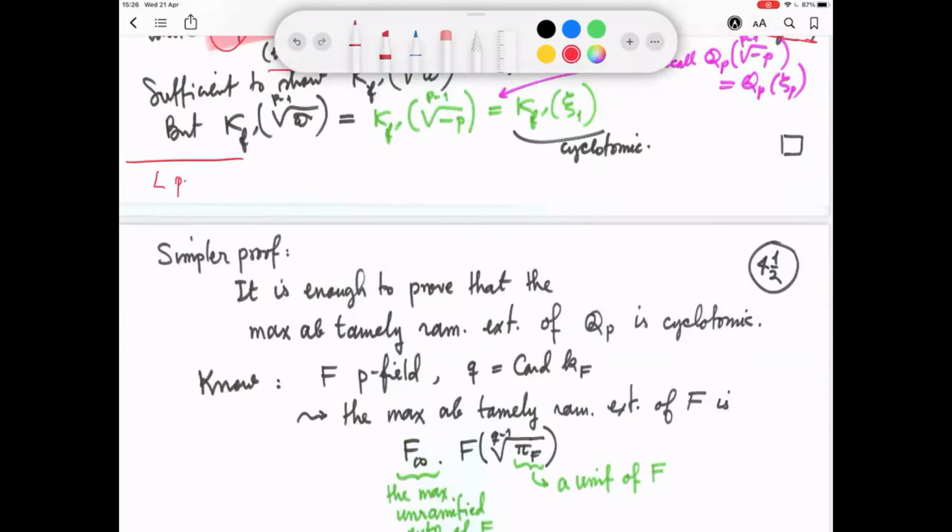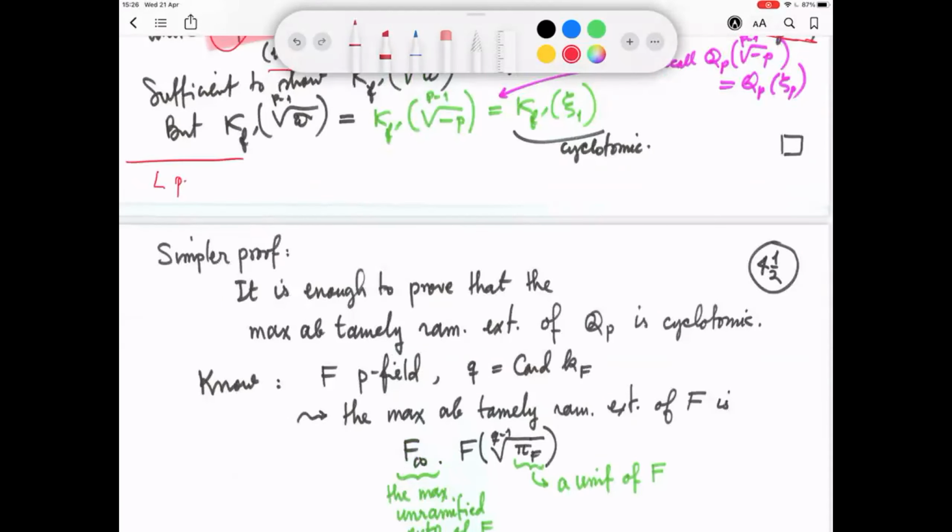But adjoining a p minus 1th root of pi is the same as adjoining a p minus 1th root of minus p, because minus p differs from pi by some unit, and we have already adjoined a p minus 1th root of this unit.